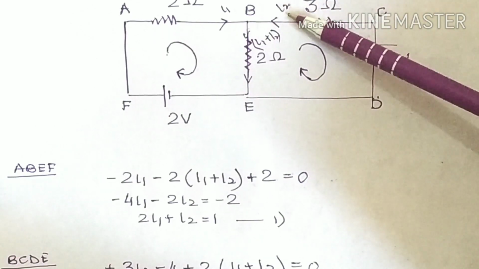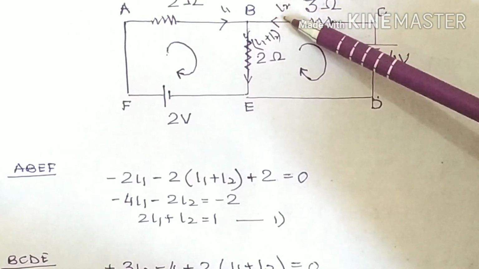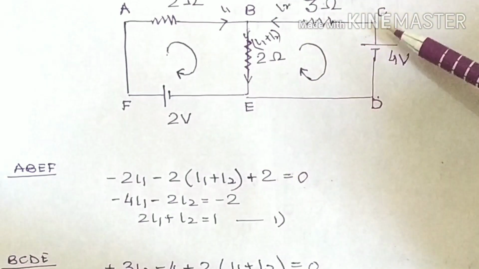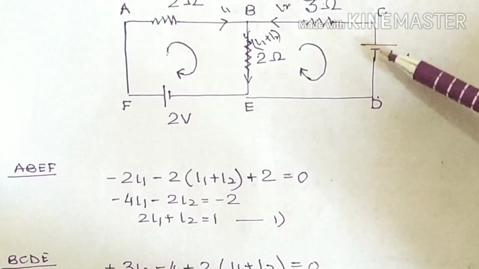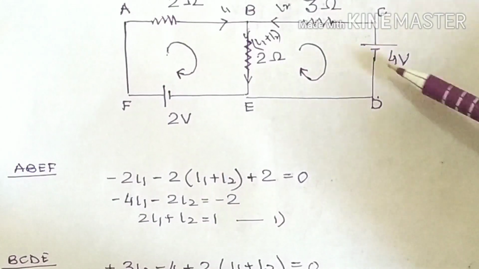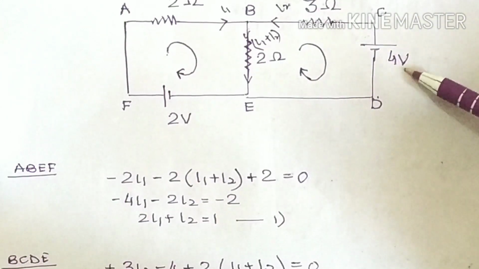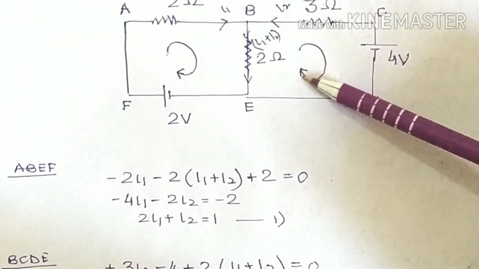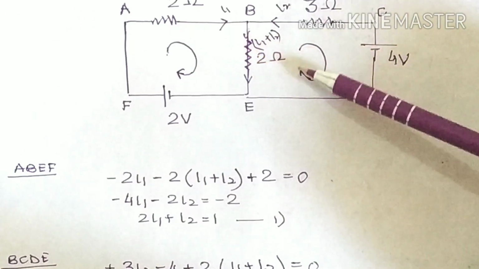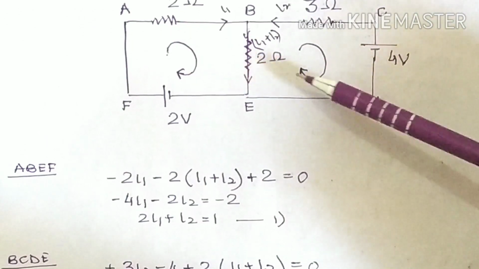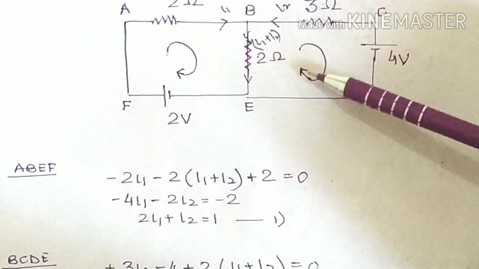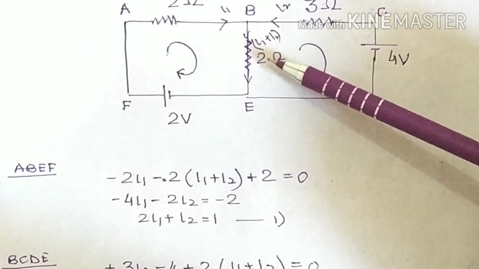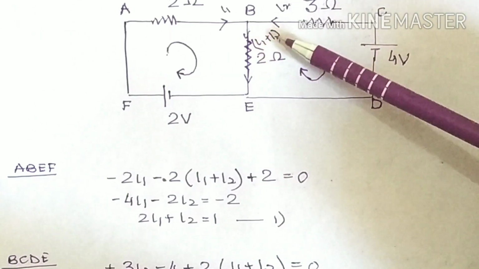I2 is the current you have taken. Here, you are moving from here to here, positive comes first, positive to negative, EMF decreases, minus 4. Here, current is coming here and you are going opposite to the direction of the current, so potential will increase. Plus 2(I1 plus I2).